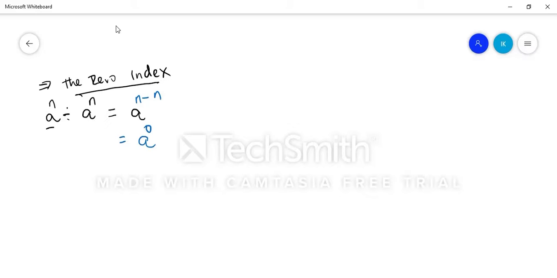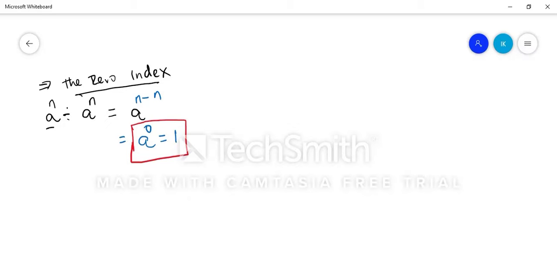Now, when you raise a base to the power of 0, the solution will always be 1. So that's the rule here. Any number raised to the power of 0 is 1. Okay?